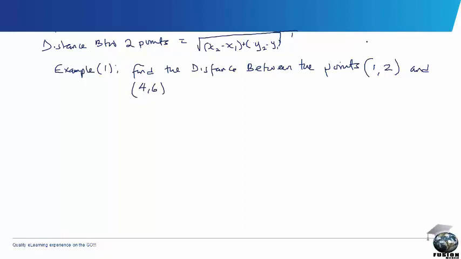Always note that whenever you're given coordinates, you're saying x, y. The first bracket denotes x1, y1, and then x2, y2.